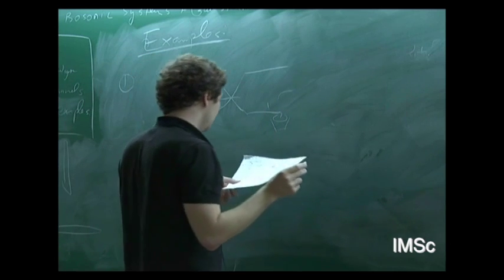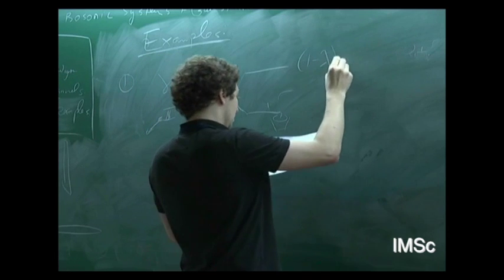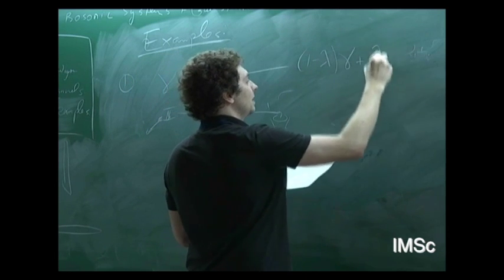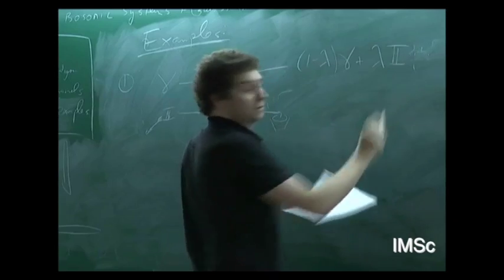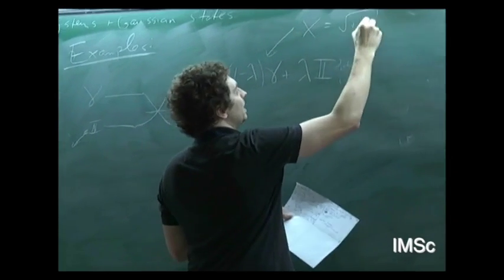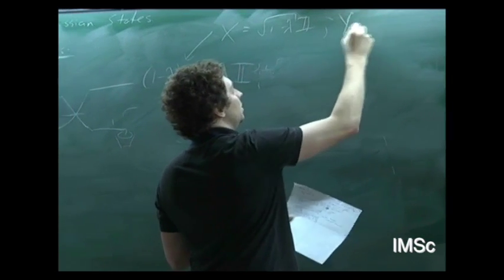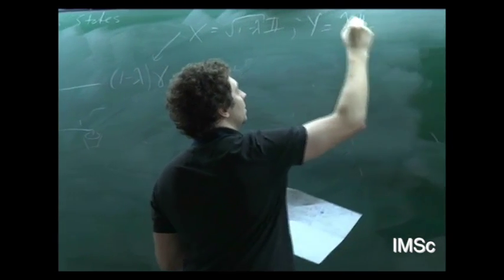And what happens is gamma gets mapped to (1 minus lambda) gamma plus lambda times identity. So what we have here is x equals square root of 1 minus lambda times identity, and y equals lambda times identity.